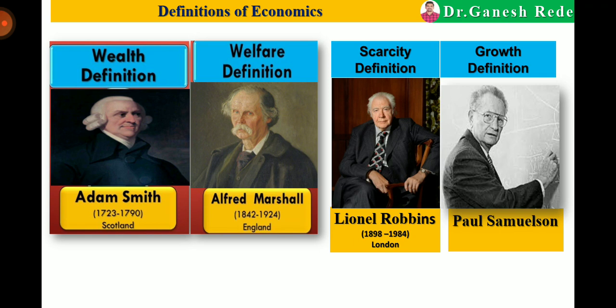So these are the four definitions we have to study: wealth definition, Adam Smith; welfare definition, Alfred Marshall; scarcity definition, Lionel Robbins; and growth definition, Paul Samuelson. We will discuss them one by one.